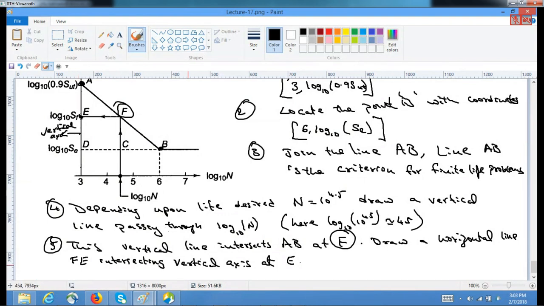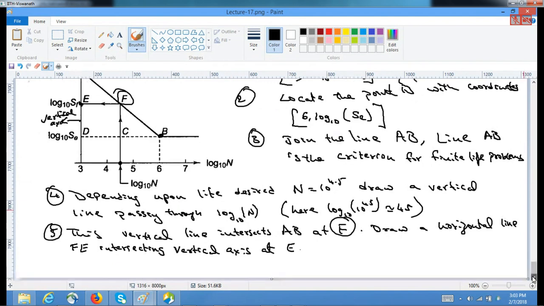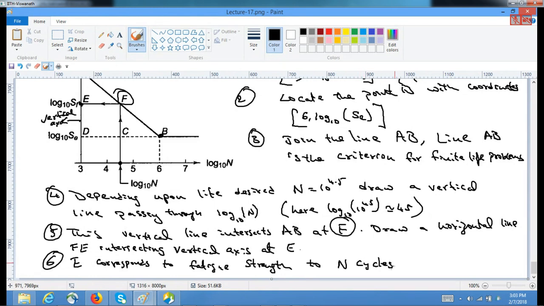So E corresponds to fatigue strength to n cycles.